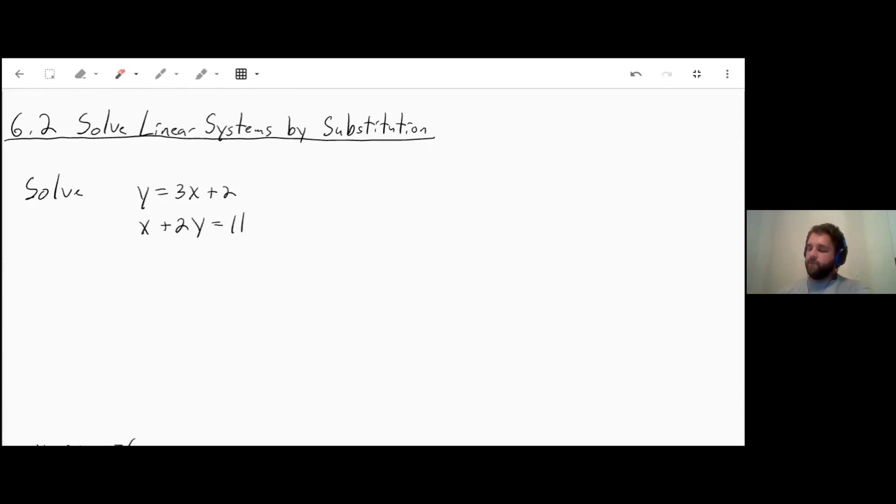So just looking at this first equation, what we have written essentially says y can be substituted with 3x plus 2. And so that actually allows us to then approach our second equation that says x plus 2y equals 11, because we know that this y here can be substituted with that same 3x plus 2.